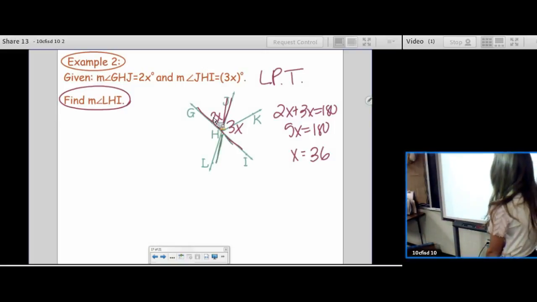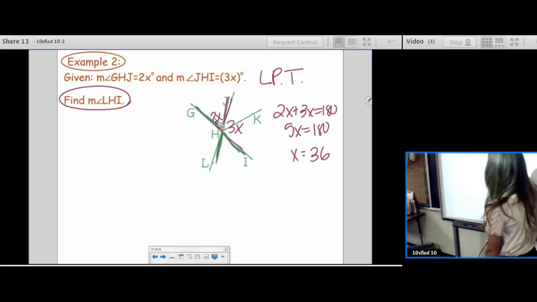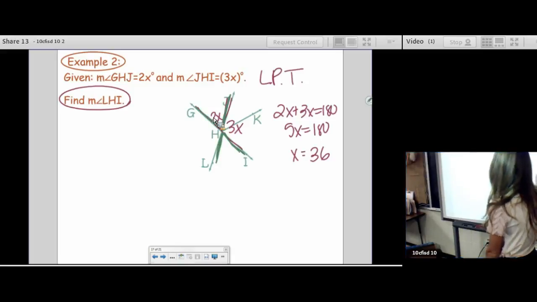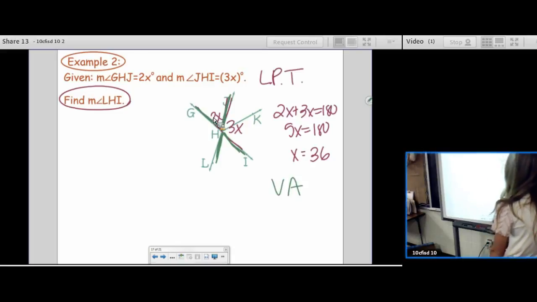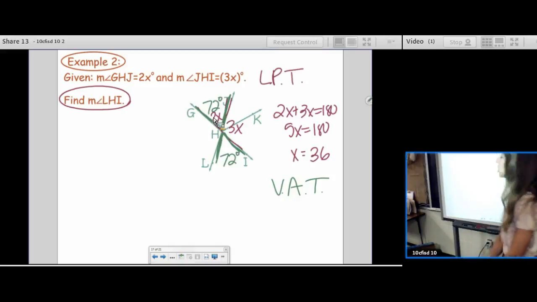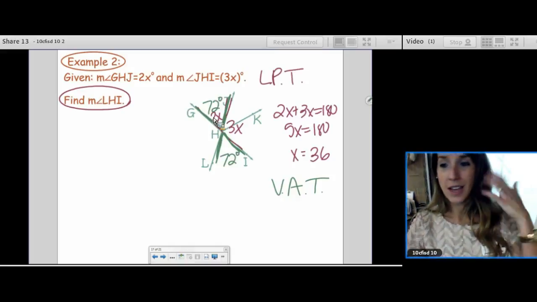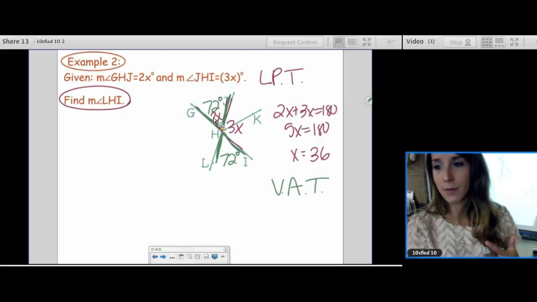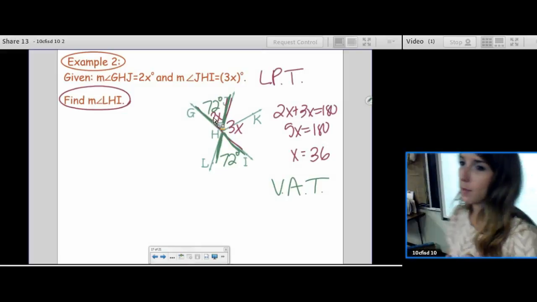This is LHI. We know that that is vertical angles with GHJ. So we can use the vertical angle theorem, which says if I know GHJ, which I do, 2 times 36, then I know LHI. So we use the linear pair theorem and the vertical angle theorem all in one problem. Good.